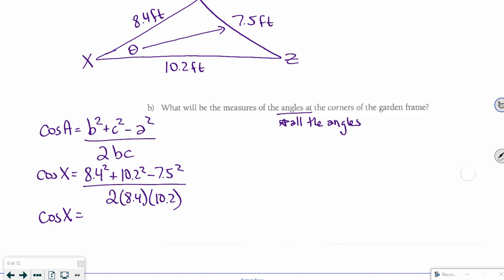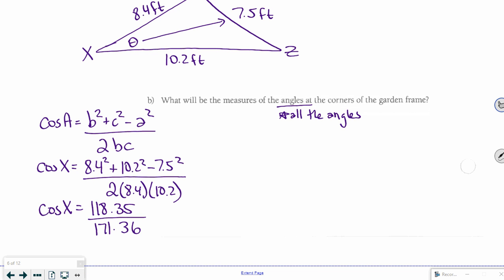So cos X is going to equal 118.35 divided by 171.36.